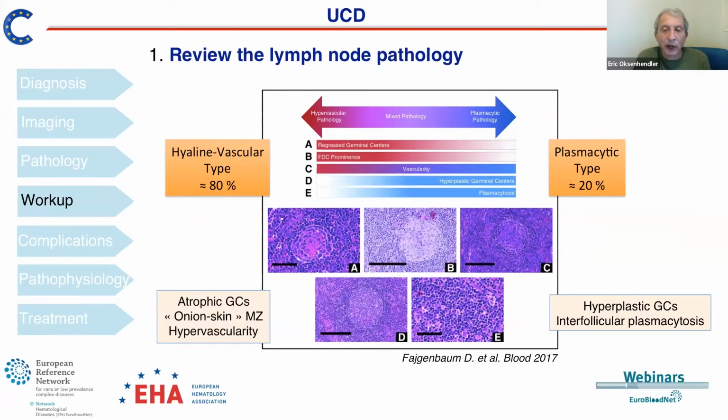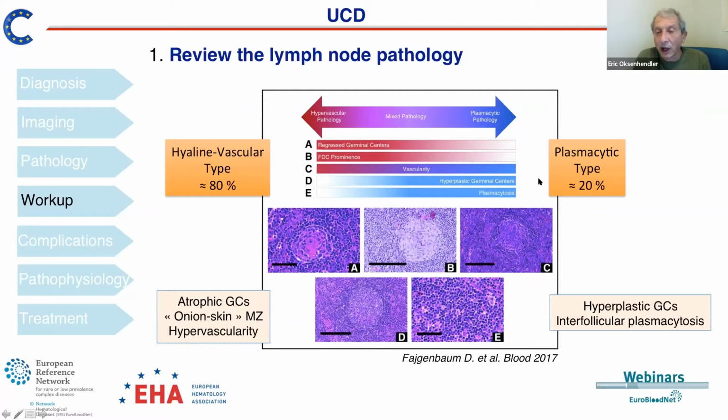So the pathologist will ideally grade all the lesions and be able to classify these lesions into 2 major types. The hyaline vascular type, which is by far the most frequent in UCD, observed in more than 80% of the patients, with atrophic GCs, onion skin mantle zone, and hypervascularity.